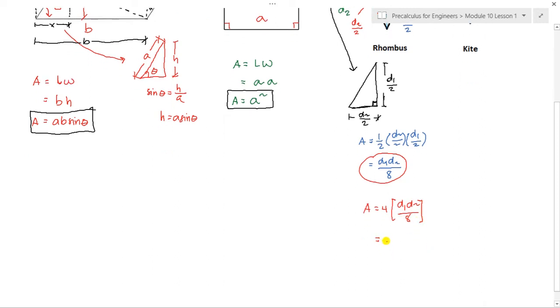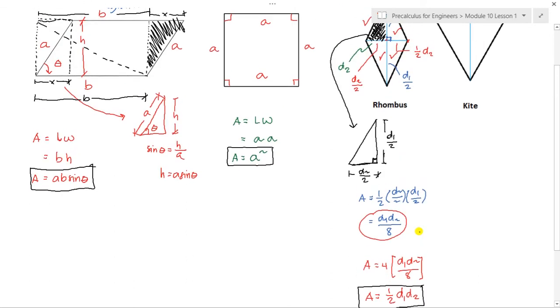So here 4 divided by 8, that is 1/2. Therefore the area of a rhombus is 1/2 times the product of its diagonals. If the two diagonals are given, that is the formula you will use. Okay? So no problem with this.